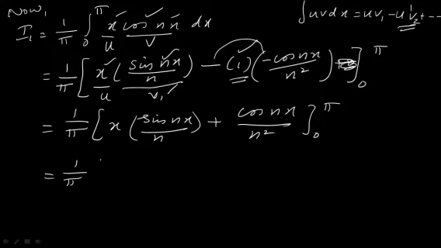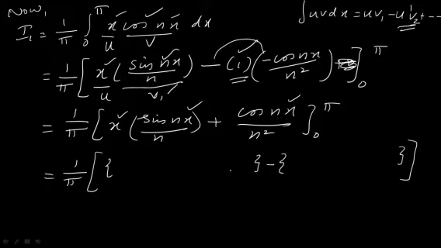That is 1 by pi. Let me first substitute the upper limit. So first mark the x position. At these three places we have x. So put a big parenthesis, inside that you have a sub parenthesis. Okay. Now this is for upper limit minus lower limit, and close the square bracket.